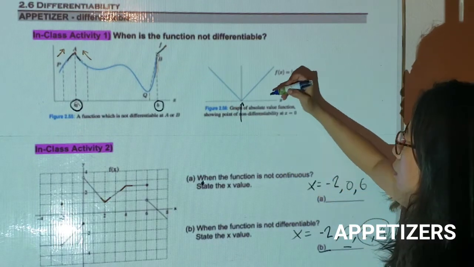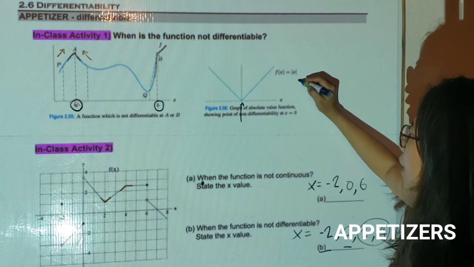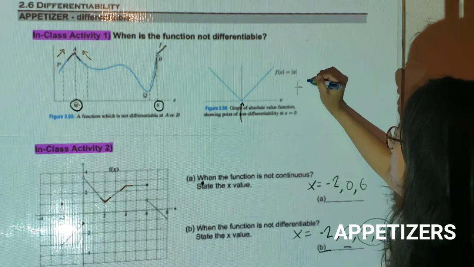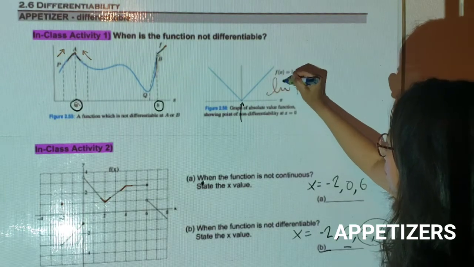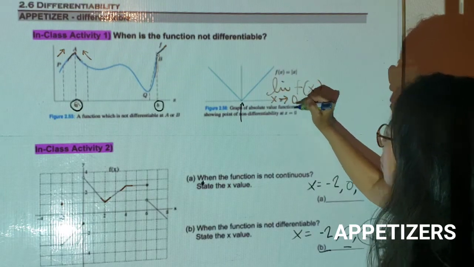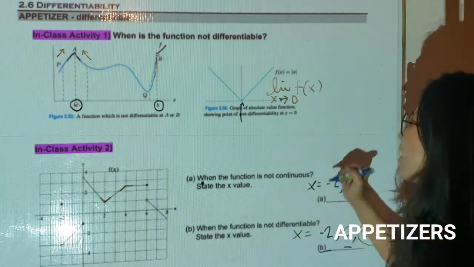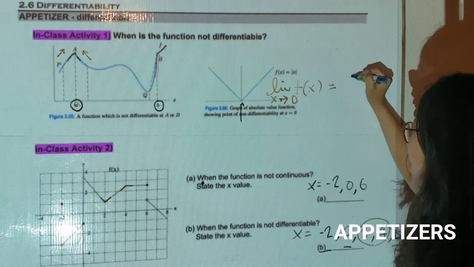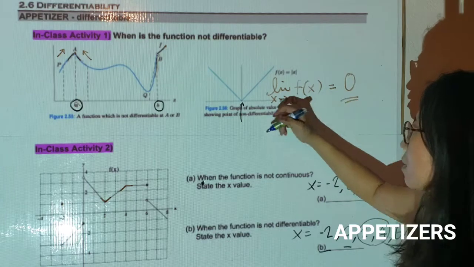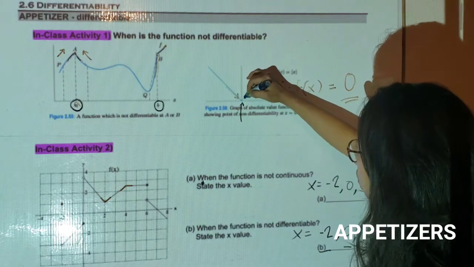Does the limit exist at 0? Yes or no? Yes, it goes to 0. I'm asking where the value goes to. It goes to 0.